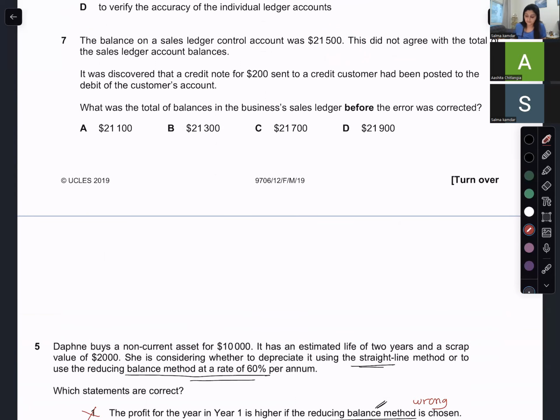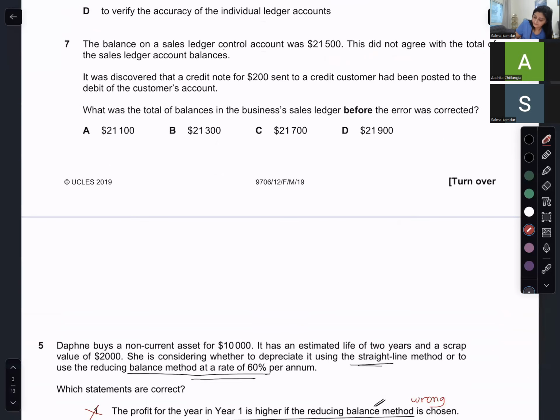The balance on SLCA was 21,500. This did not agree with the total balance of the sales ledger. It was discovered that a credit note of 200 sent to a credit customer had been posted to the debit side of the customer's account. What was the balance before the error was corrected? Okay, so your sales ledger control account is 21,500 and the normal balance is, credit?